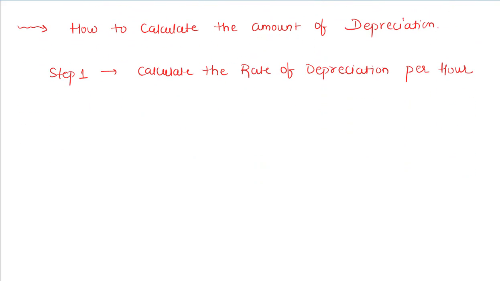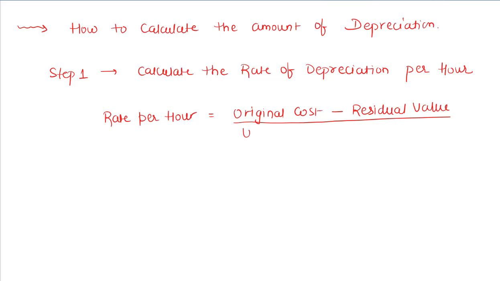How will you calculate the rate of depreciation? Rate per hour equals original cost less residual value, divided by useful life in terms of effective hours.